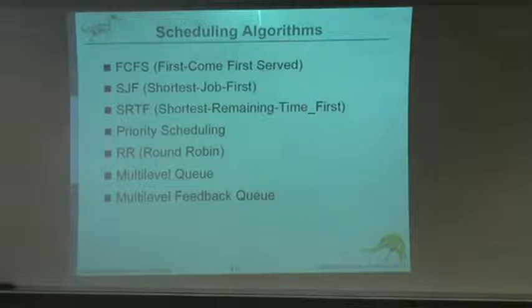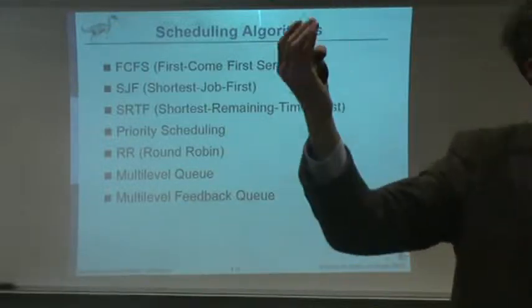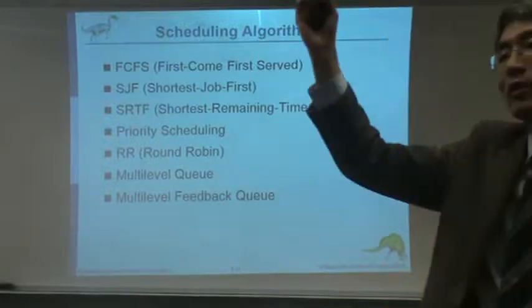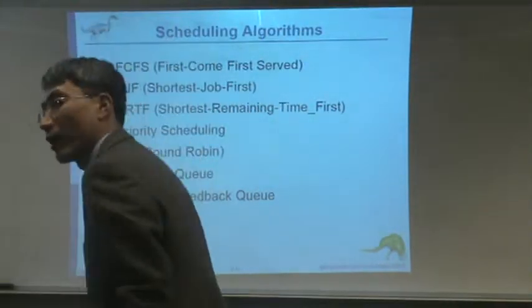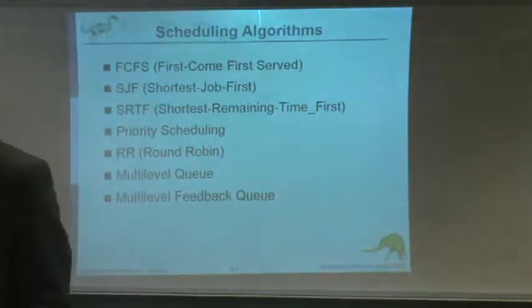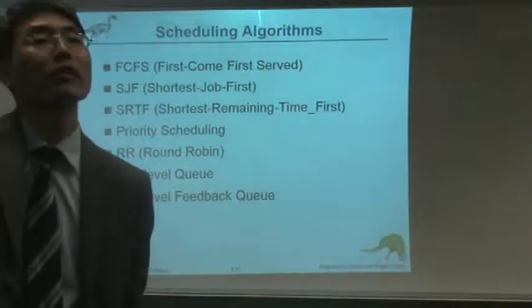The ready queue. So we have the process states. A new process will move to the ready state if it is ready to be executed. Then the dispatcher, the CPU scheduler, will select one of the processes by using one of the algorithms. Then it will move to the running state.